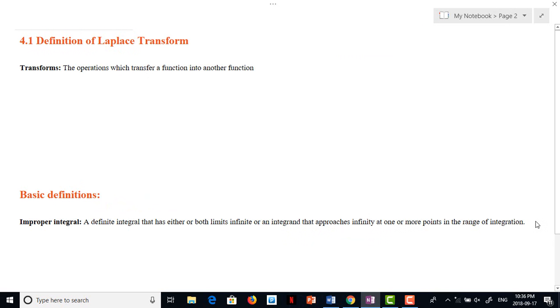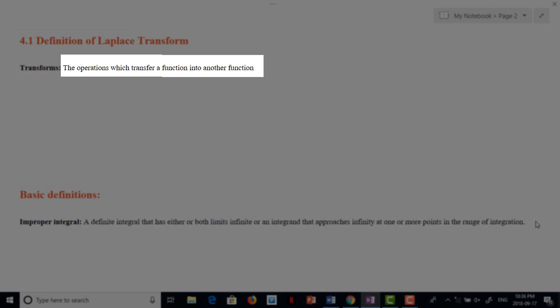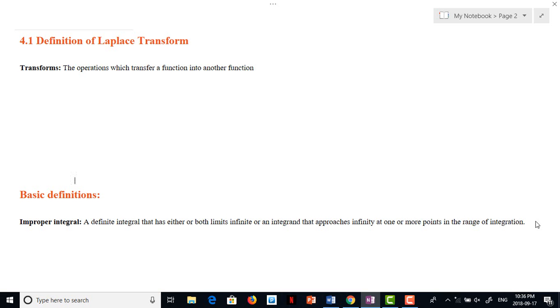So for the definition of Laplace transform, at first we have to know what a transform is. A transform is an operation which transfers a function into another function. In the past you saw some transforms. For example, integral is a transform.